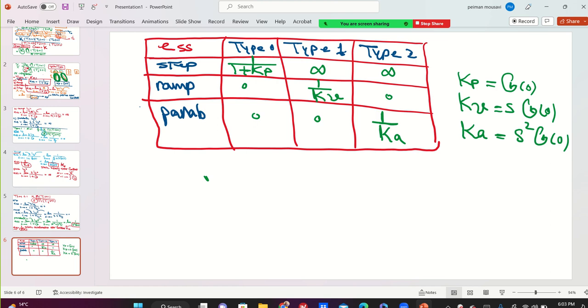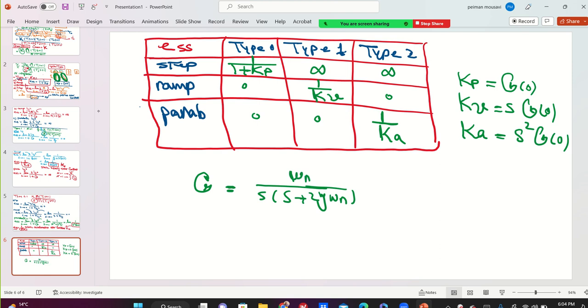For example, when G is 1 over s, times omega n squared over s plus 2 zeta omega n.